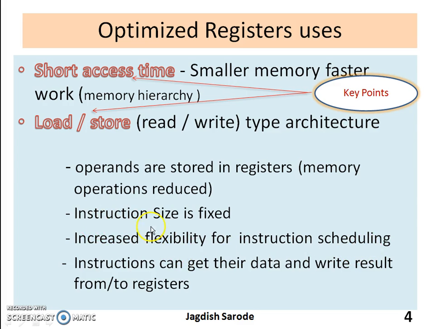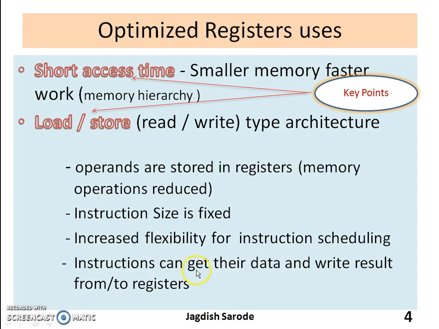Because our instruction is of fixed size, we can prepone that instruction or postpone its execution, and instruction scheduling can be obtained by using this fixed size instruction set, and we can increase the flexibility of the program execution.